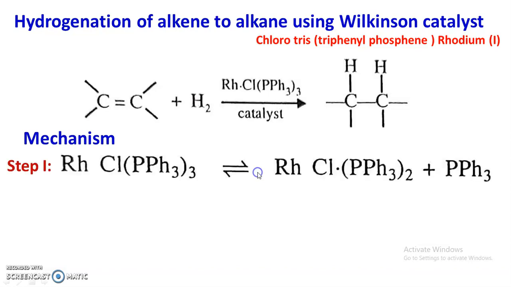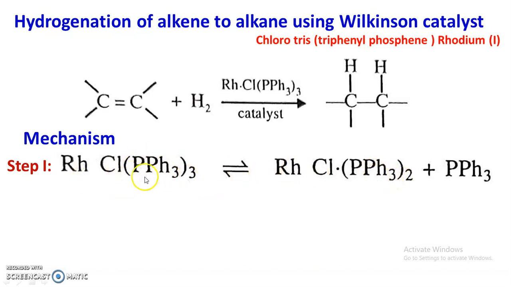Now, step 1. In the first step, in solution, the 4 coordinate Wilkinson catalyst undergoes dissociation and there is a formation of a 3 coordinate 14 electron species, with the loss of 1 triphenylphosphine group.